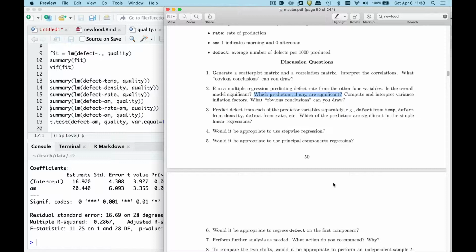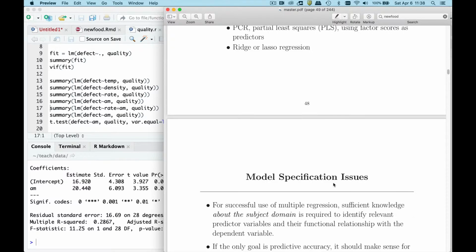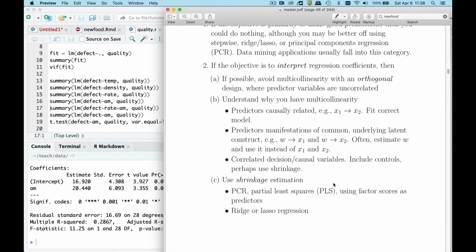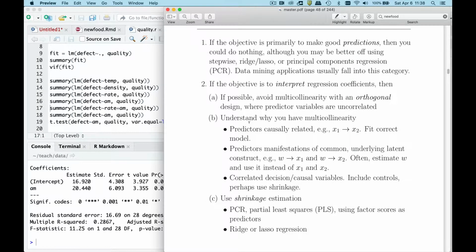Usually I have a fairly long discussion over this, but basically we have the wrong model. Remember I said, what do you do about multicollinearity? Well, the first thing you have to do is understand why you have multicollinearity. And in this case, the reason is probably that the predictors are causally related.